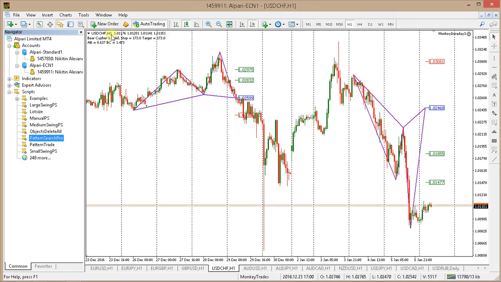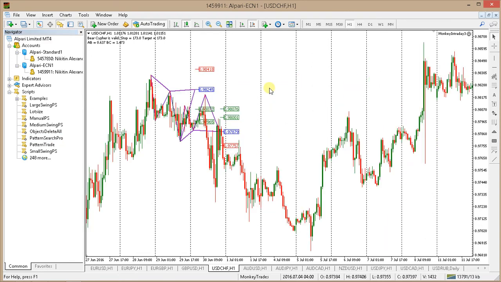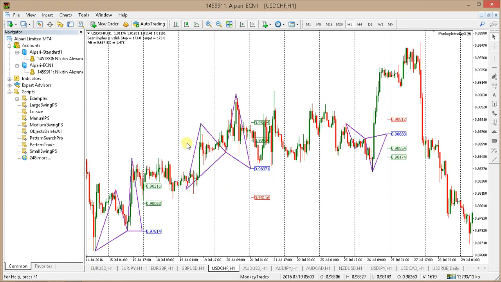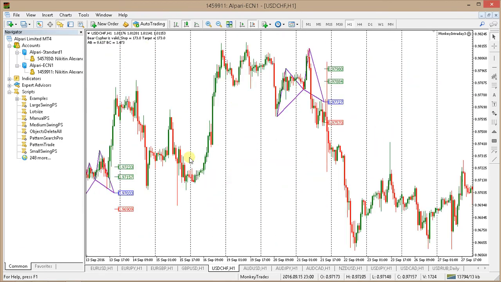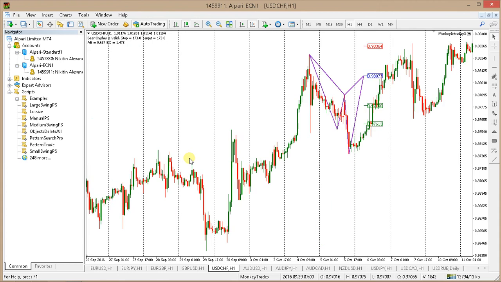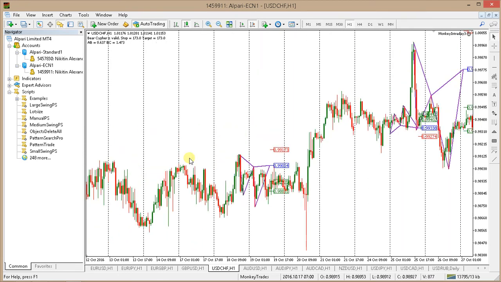Okay, so look how many patterns we have, starting from January 16. So many patterns. Some of them winners, some of them losers. Look how it reacts. Wow. Strict to the downside. Look how it reacts.